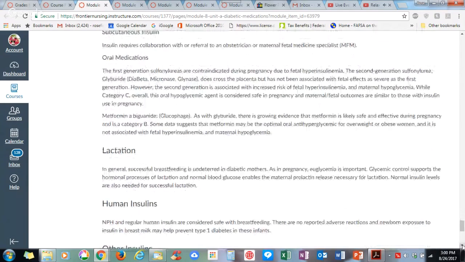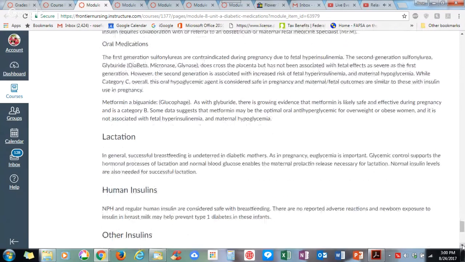Oral medications. The first generation sulfonylureas are contraindicated during pregnancy due to fetal hyperinsulinemia. The second generation sulfonylurea glyburide, or Diabeta, Micronase, or Glynase, does not cross the placenta but has been associated with fetal effects as severe as the first generation.